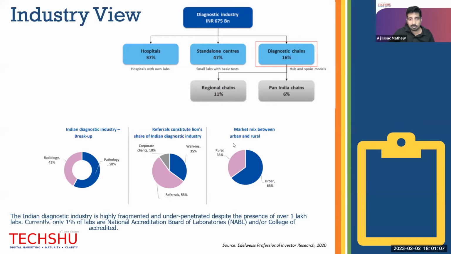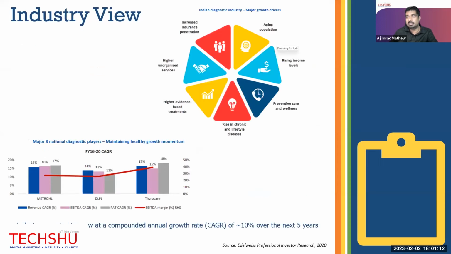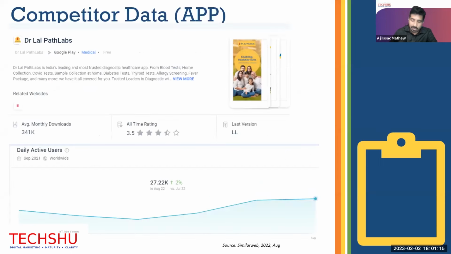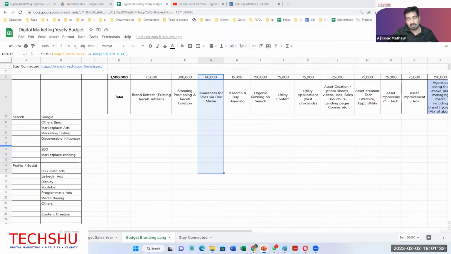For diagnostics, we got so many details, including how much money they're spending in this area, their digital budget, how much they're spending on Google advertisement, what their total budget is, how many advertisements they're doing, etc. All of this detail we were able to get in a simulated manner. It is taken from different sources, and some of the sources are absolutely right because they publish that kind of data and we can share it. So please do get in touch with the team. Ivy has shared the details.